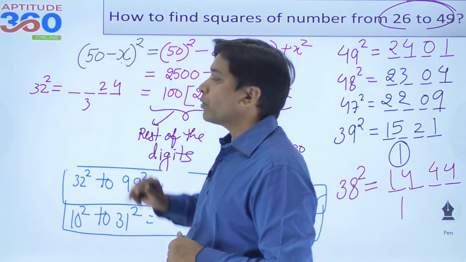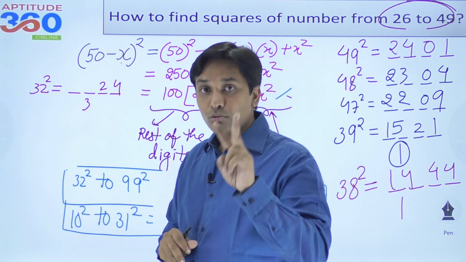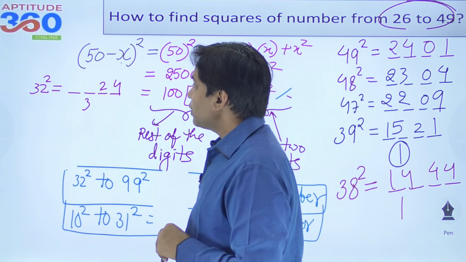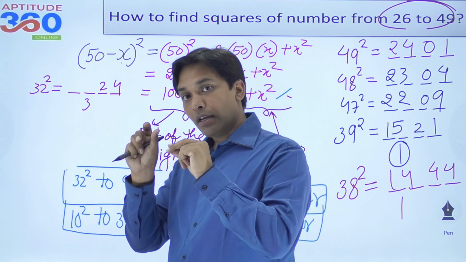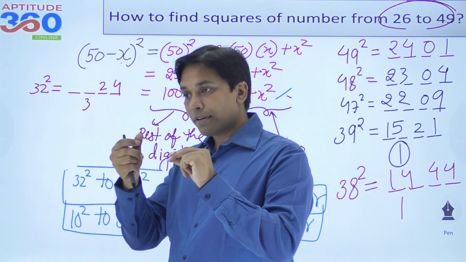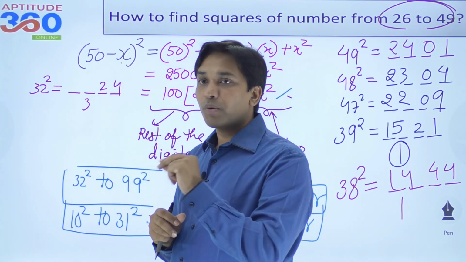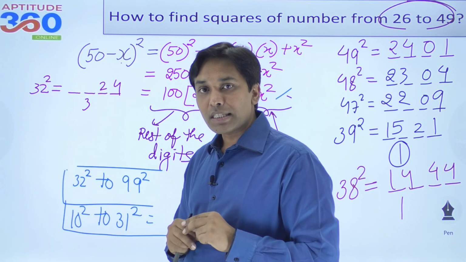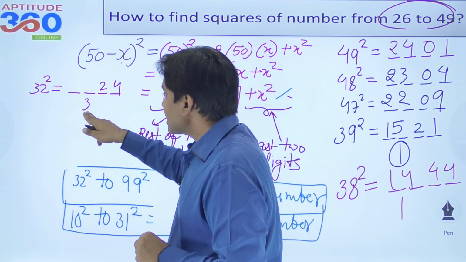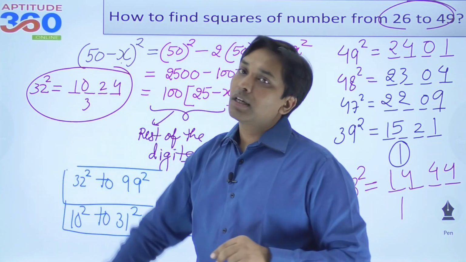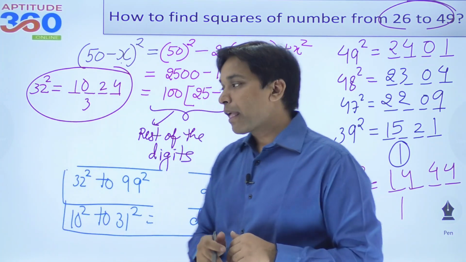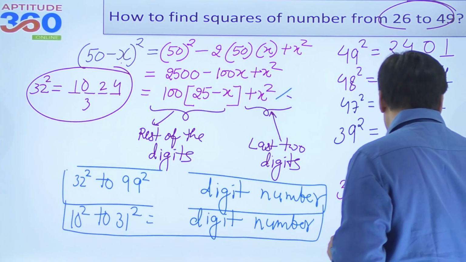Tens and unit will come there, because we can accommodate only two numbers. Now what I will do is 25 minus 18, because from 25 we will subtract that difference. So 25 minus 18 will come out as 7, but I will not be writing 7. 7 plus 3 comes out as 10, so 1024. Now our job is done. I hope that you're understanding this.